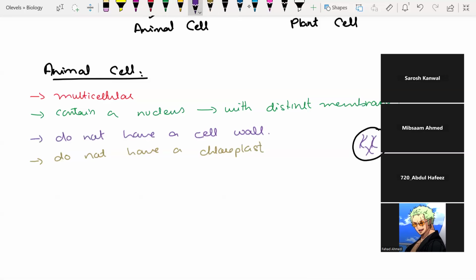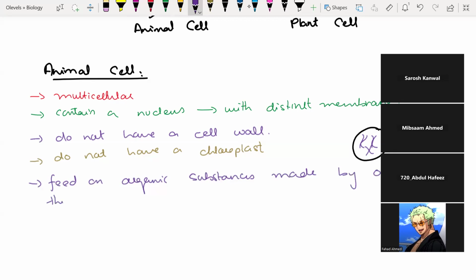What do animal cells feed on? They feed on organic substances that are made by other living things.